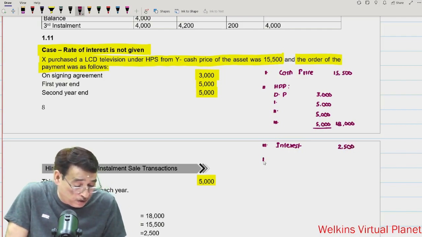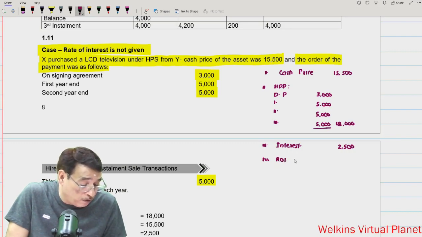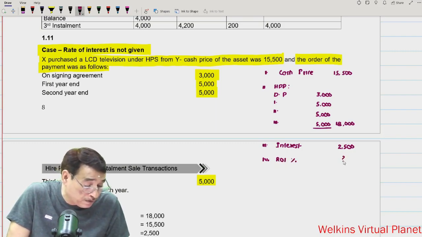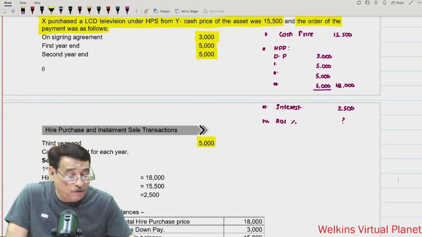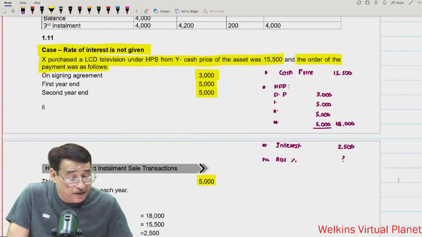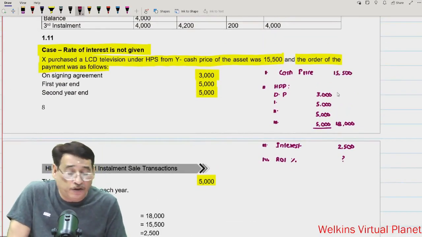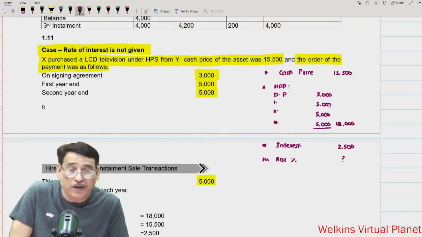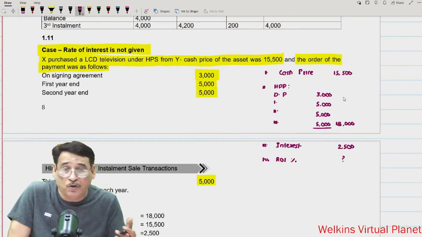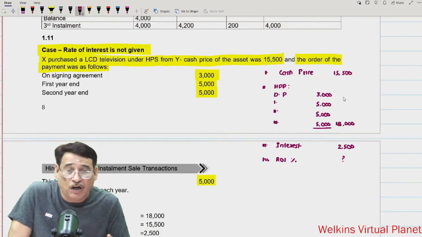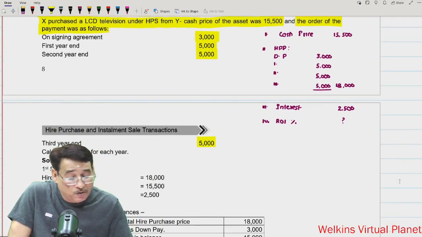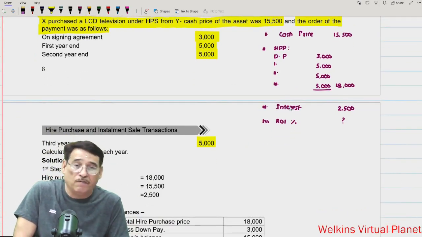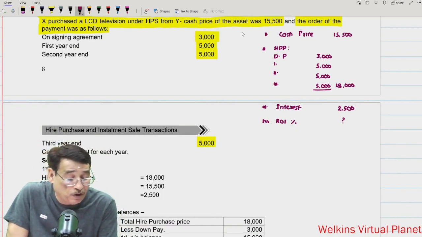Now in this question, the rate of interest percentage is not given. So how will we determine that each installment contains so much of interest? So how are we going to determine that? After analyzing the question, under such questions, what will you have to do?